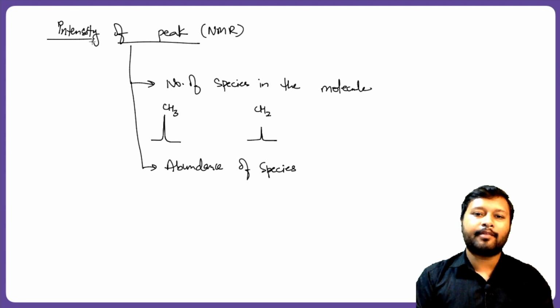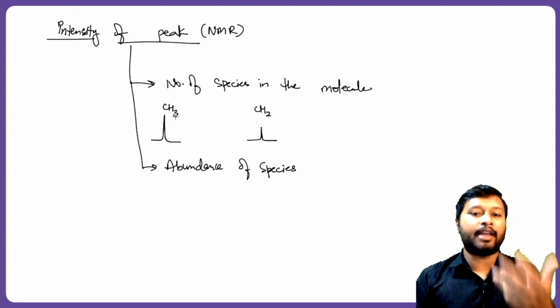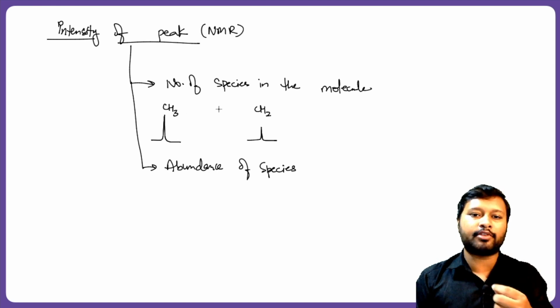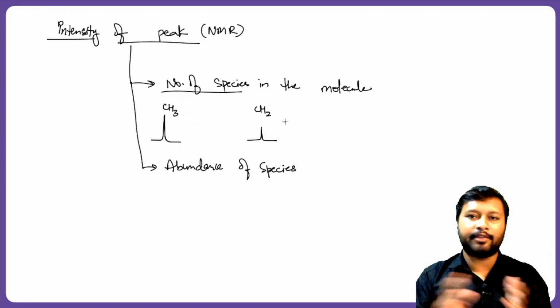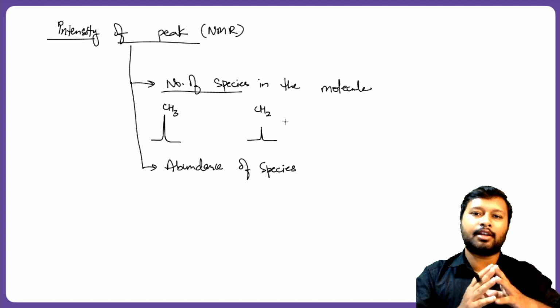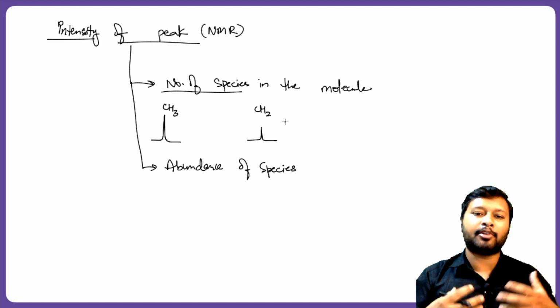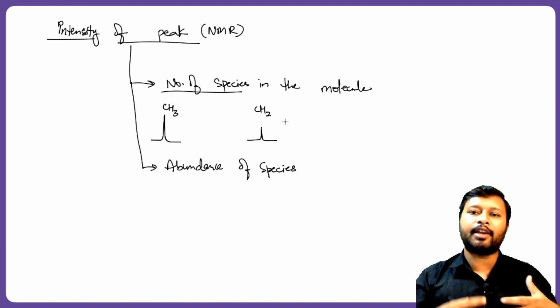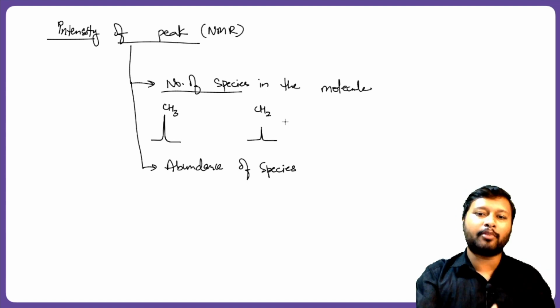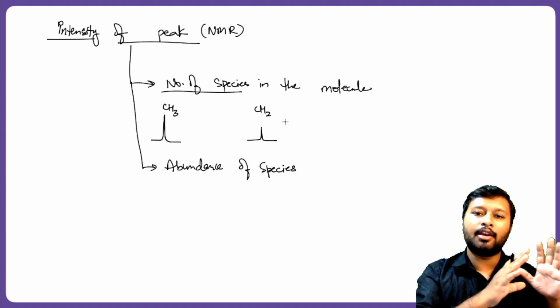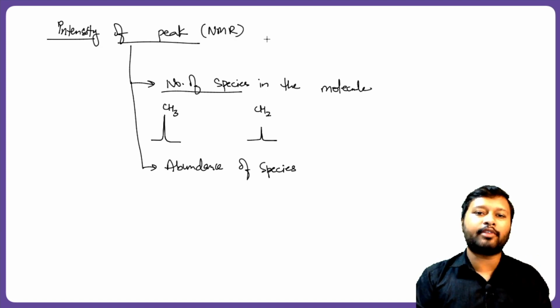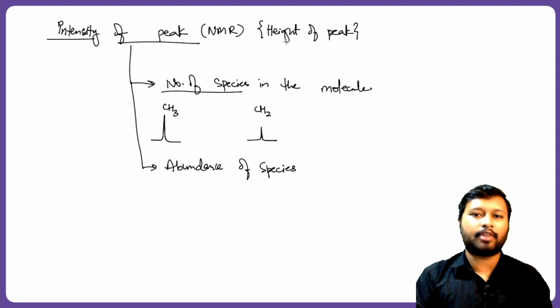That's because one is caused by 3 hydrogens and the other by 2 hydrogens. So the peaks emerge because of a different number of species, and their height corresponds to the number of species responsible for that peak. So the intensity of a peak can also be understood as the height of the peak.